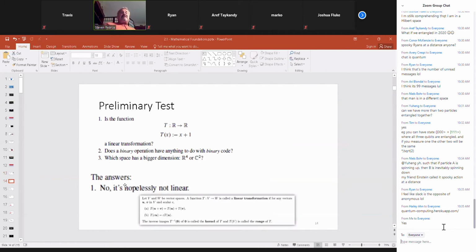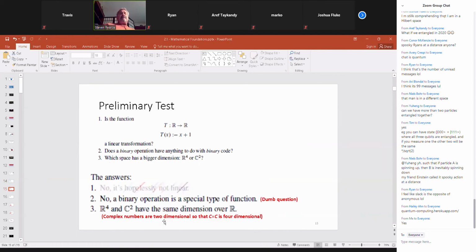Clearly, this being the definition of linearity, a linear transform satisfies T of u plus v equals T of u plus T of v, and also T of cu equals c times T of u, where c is a scalar constant. If it satisfies those two, it's a linear transformation. This one does not. C4 and C2 are the same dimension. Complex numbers have 2 dimensions, so therefore C cross C is 4-dimensional.